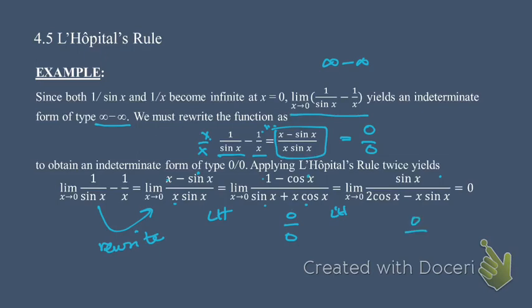And then 2 times cosine of 0 is 2 times 1, minus 0 times sine of 0 is 0. So I get 0 over 2, which is indeed equal to 0, and which is okay. We can have a 0 in the numerator, but not in the denominator. And so now we've applied L'Hopital's rule twice, and we've gotten our limit.